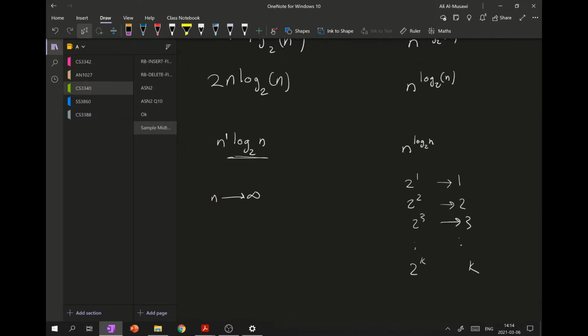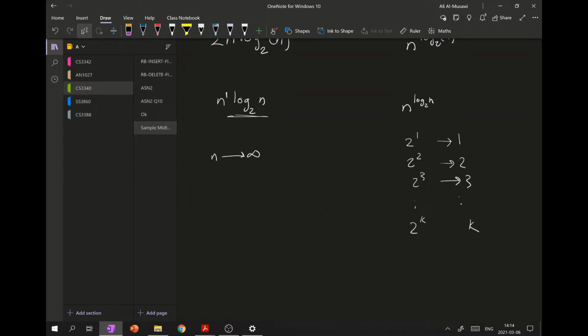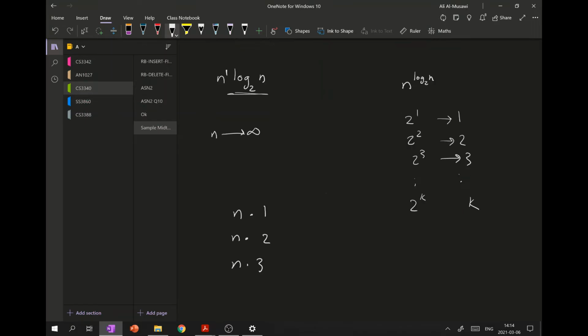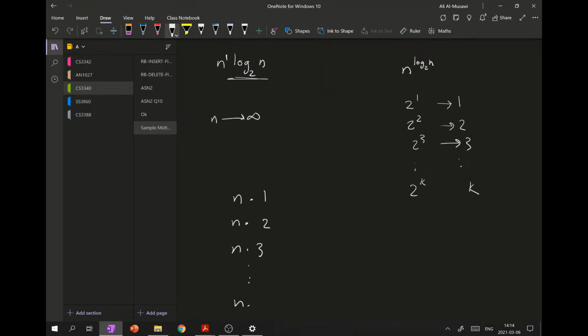So, if you want some more intuition, let's look at n times 1, n times 2, n times 3, and so on, up until n times k, compared to n to the 1, n to the 2, n to the 3, until n to the k. So put in any number you want that is positive, of course, and probably greater than 1.